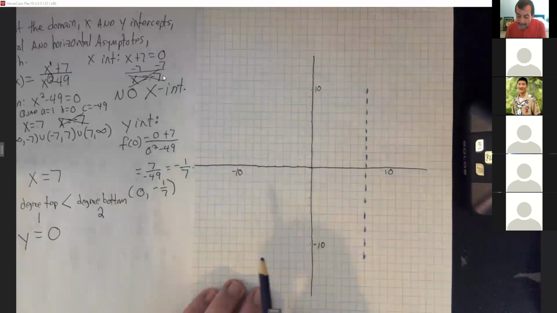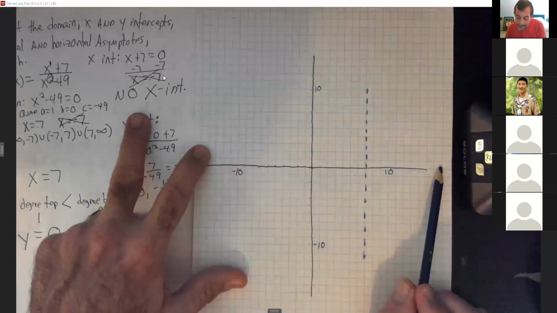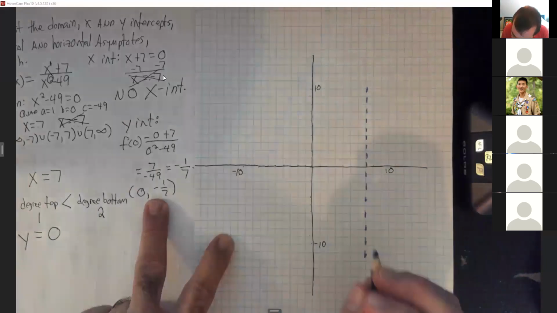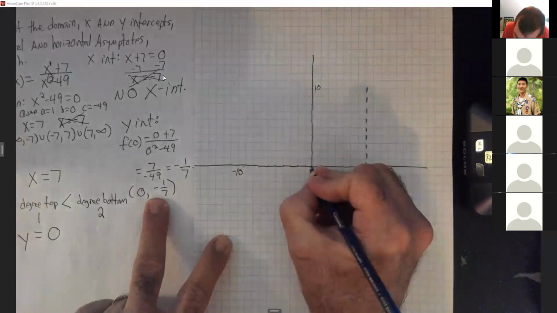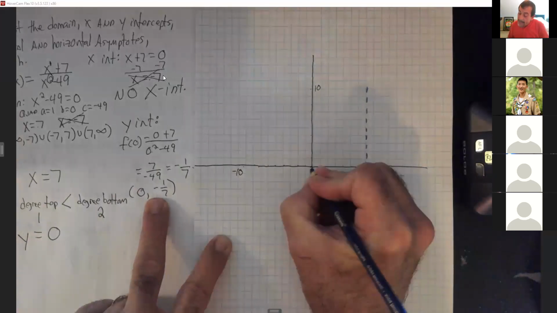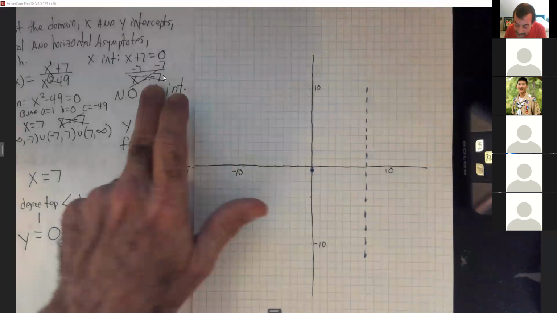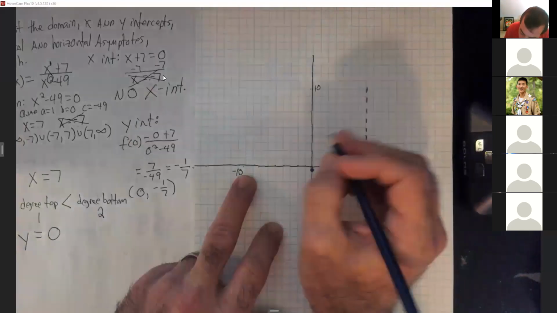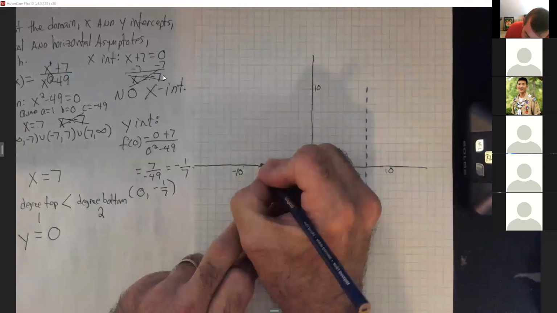There's no x-intercept, so it cannot cross the x-axis. The y-intercept was 0, negative 1/7, which is barely on the other side of that 0, but we know it's negative. Now, where they canceled at negative 7, that would be like a hole in our graph.